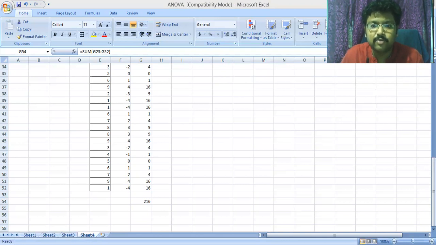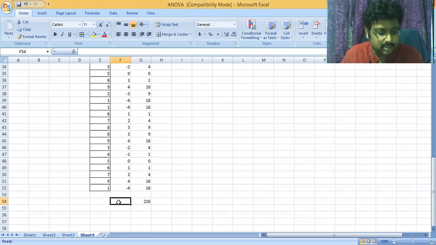This is the formula we have followed for finding the sum of square total, SST. This is the sum of square total.